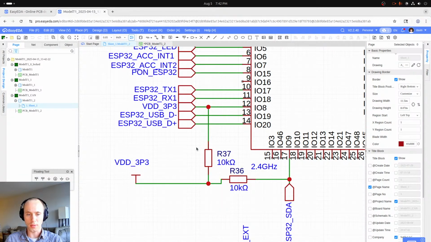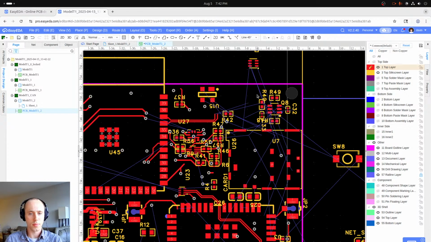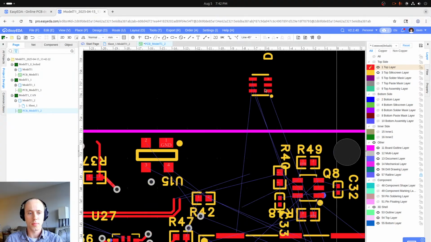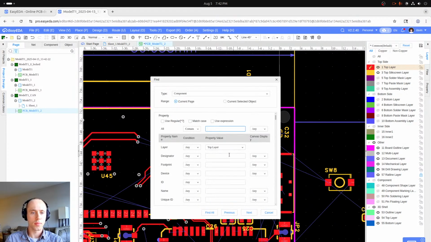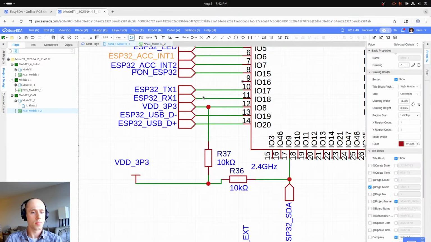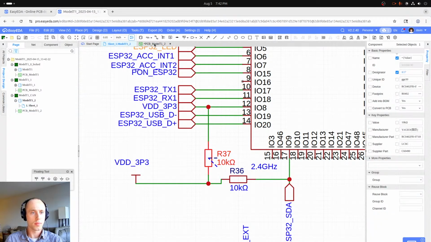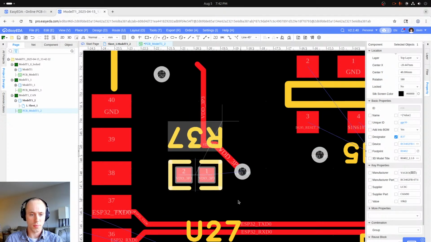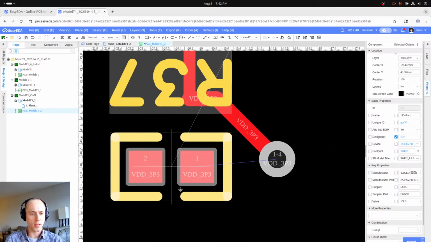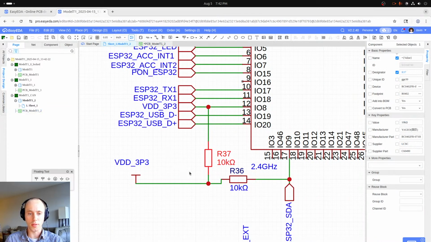Let's look at this circuit. R37, R36. Okay, where does this want to go? Why is it connected to VDD3P3 on both sides?